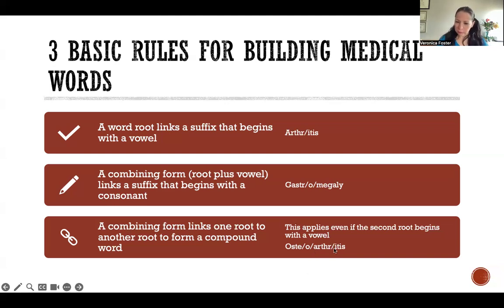And then because the suffix starts with a vowel, we only use the arthr word root, not the combining form, because of our first rule, which is that we only use the combining form if the suffix starts with a consonant. So in this case, even though both word roots start with vowels, we use the combining form for the first one to attach the two word roots together. And we use only the word root for the second one because the suffix starts with a vowel.